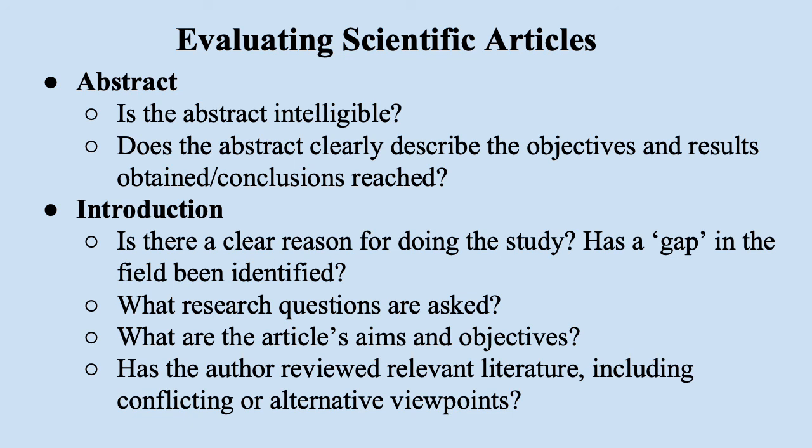So you want to make sure they're justifying why they're doing the study. You also want to see what research questions are asked. You want to see what are the article's main aims and objectives. And you also want to make sure that the author has reviewed relevant literature, including conflicting or alternative viewpoints.